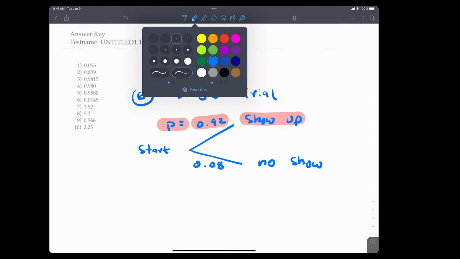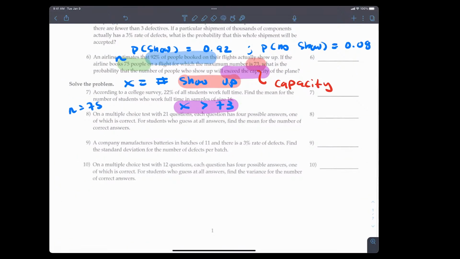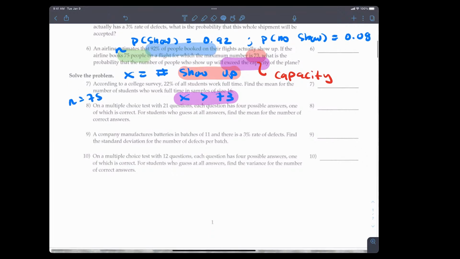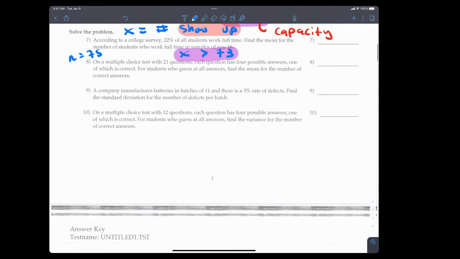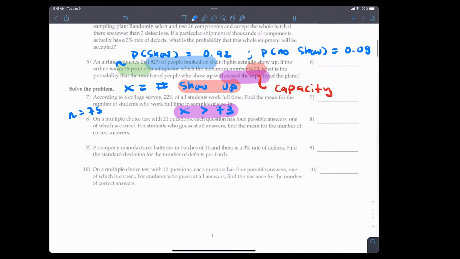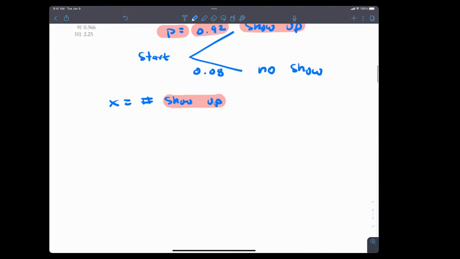Now, x is the number again. I can copy that. And then they want to know the probability that x is greater than 73. That's exceeding. That's more than. Probability that more than 73 passengers show up.